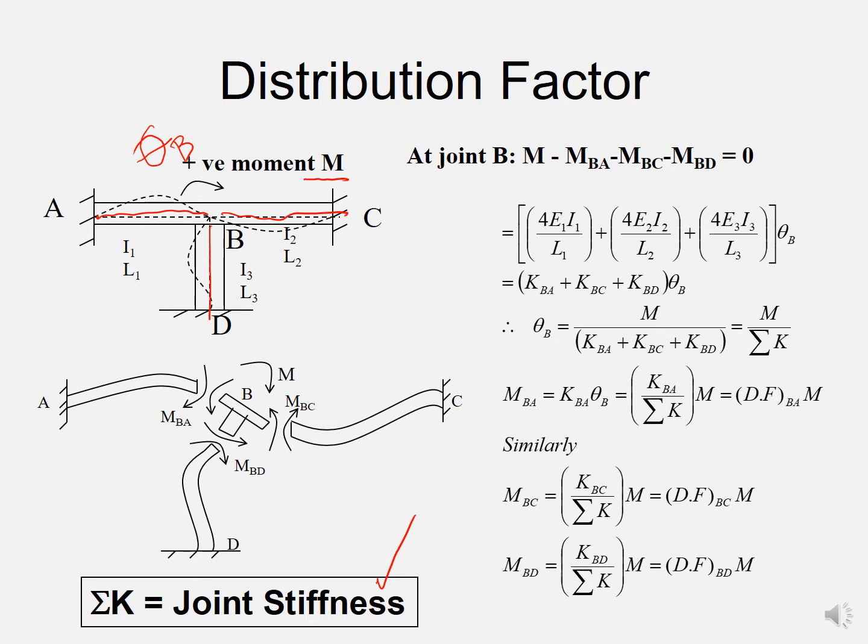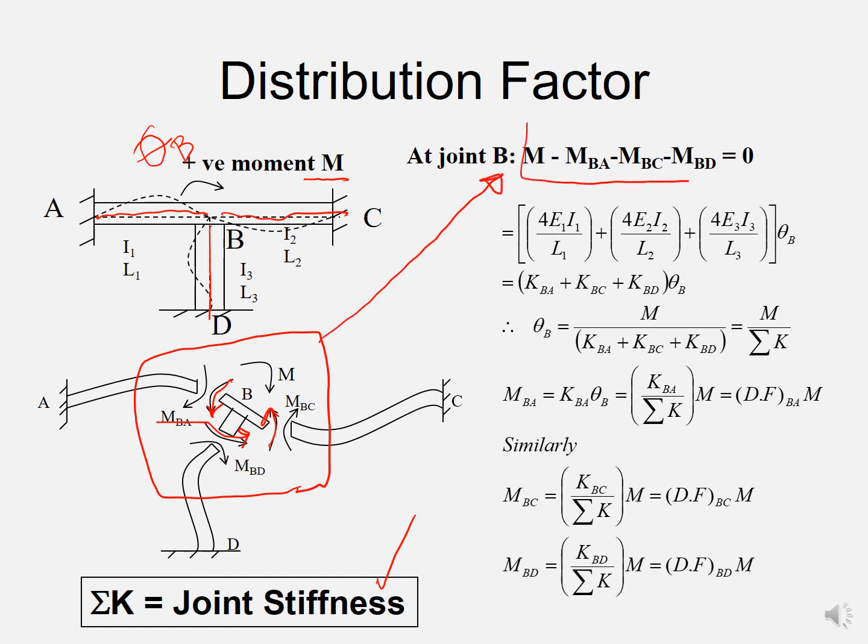This moment will be resisted by the members as MBA, MBD, and MBC, and this can be shown in an equilibrium equation that the moment M minus MBA minus MBC minus MBD should be equal to 0.